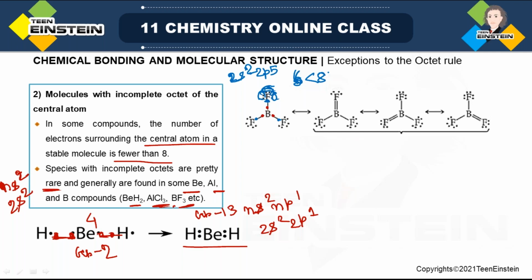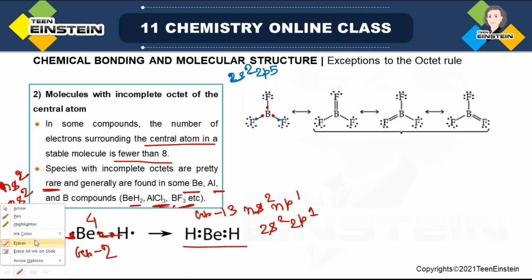So see, what is the difference here, and why have we drawn these pictures? That is the question. The actual structure is this, but we also have some more resonance structures, and that is because, to avoid this incompleteness of octet, since boron is electron deficient, the maximum this molecule can do is that any of the fluorines can donate one of its lone pairs to boron.